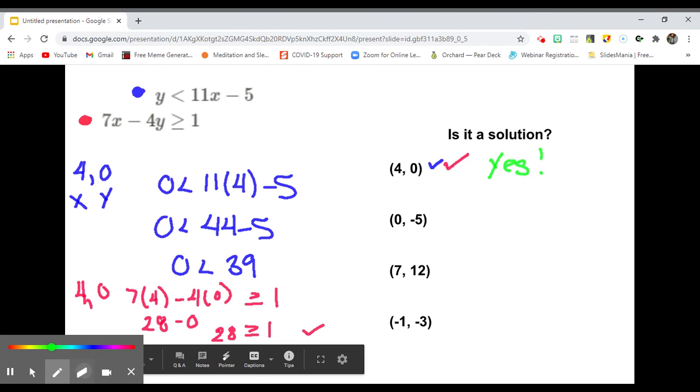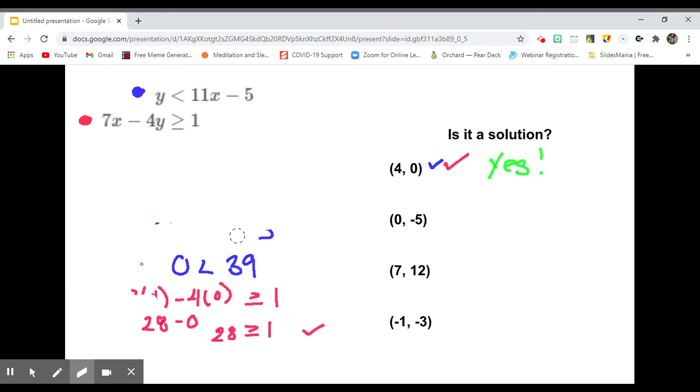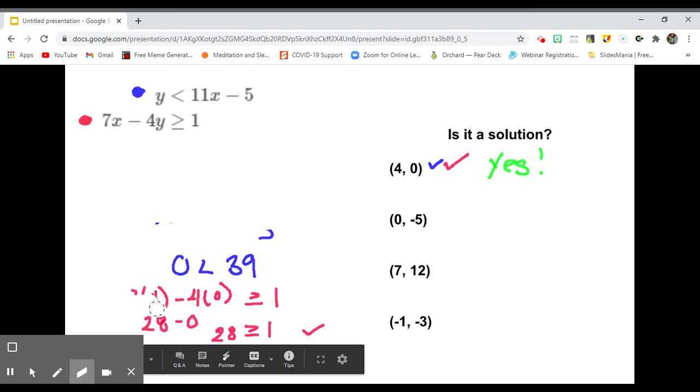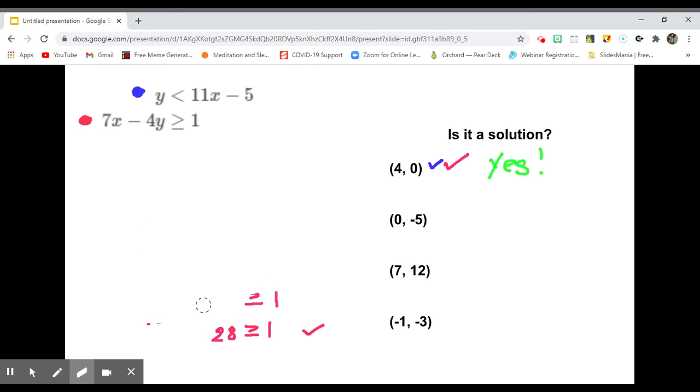Okay, now we are going to try (0, -5). Same concept. Oh, I wish there was a way to make the eraser bigger. So (0, -5). We're going to try the same concept. So I'm going to start with the blue line first.